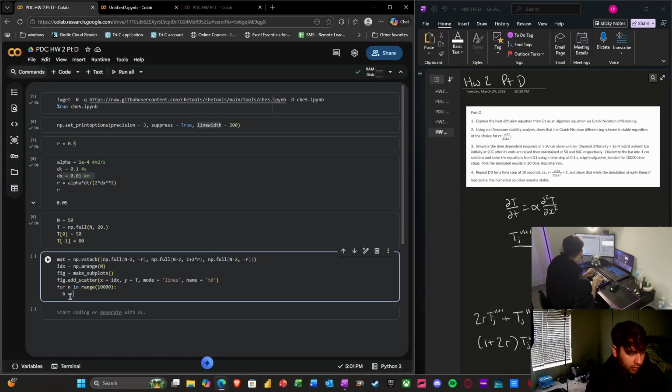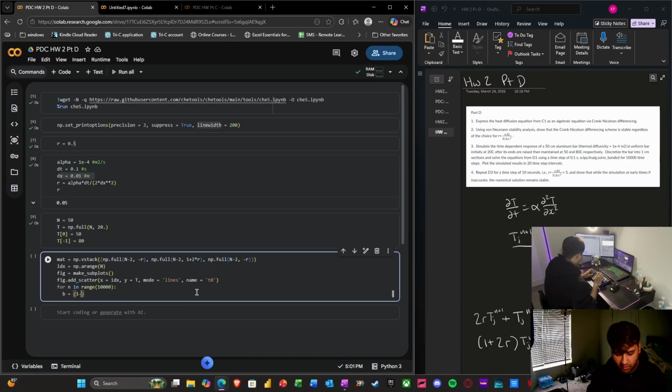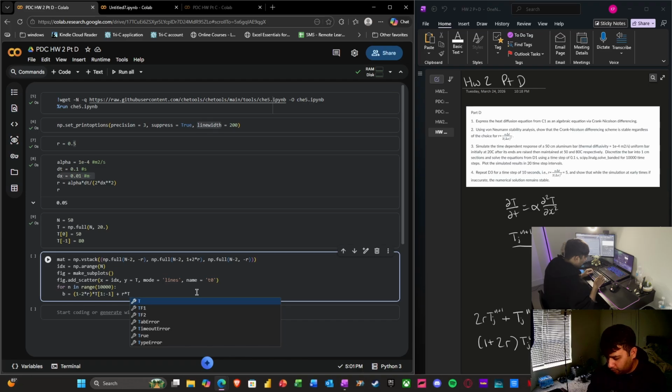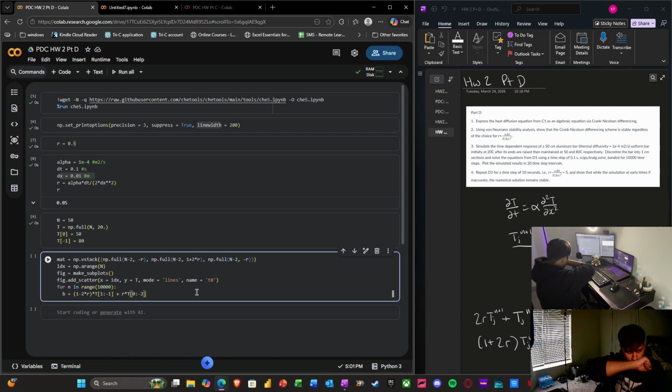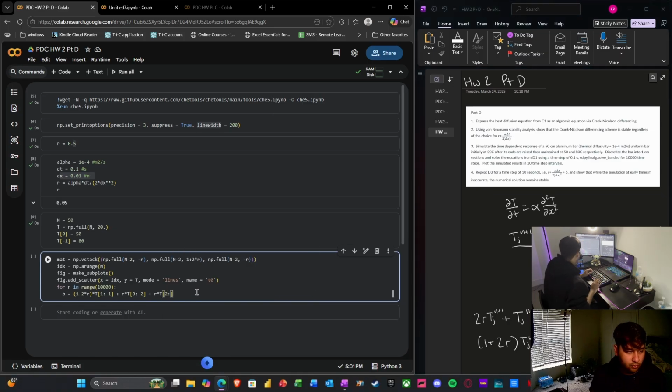So now we're going to set our b equals, and we're going to basically use one of the equations that we found in the writing section. So 1 minus 2r times T, put 1 to negative 1 plus r times T. It's going from 0 to negative 2, and then r times T, but we're just doing 2.